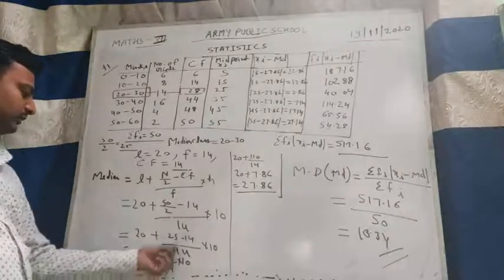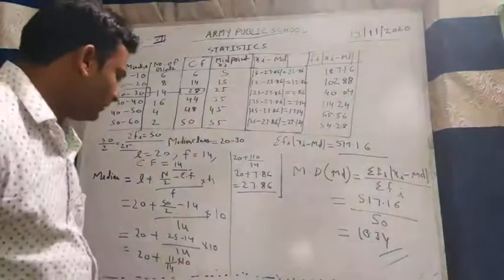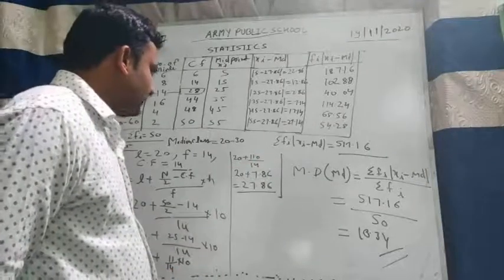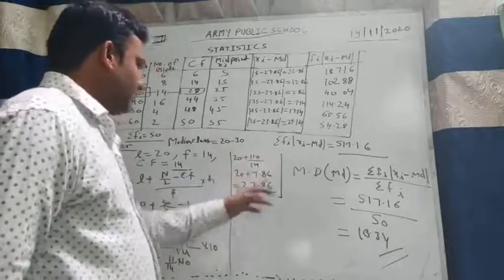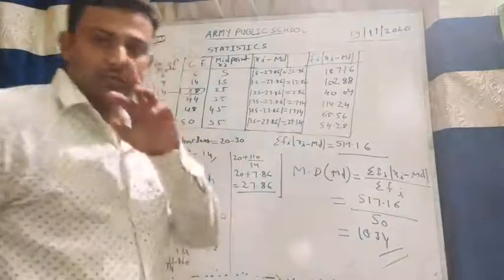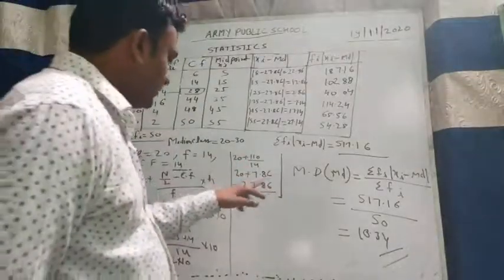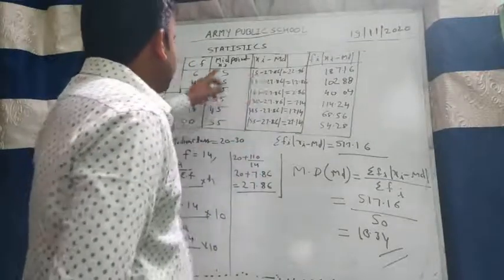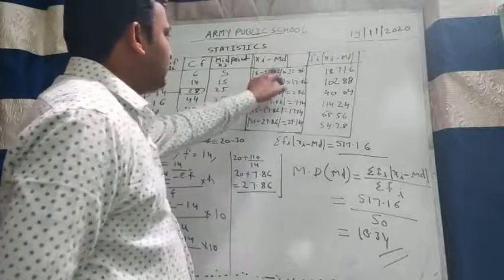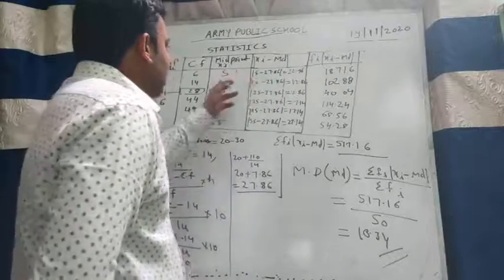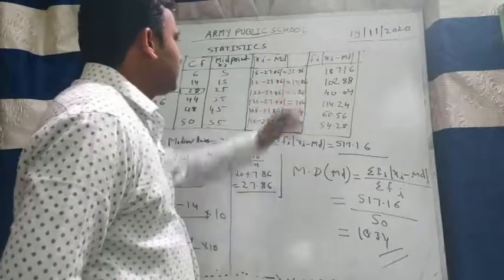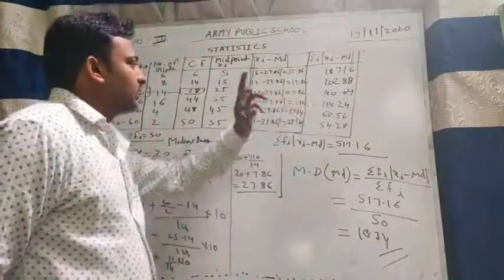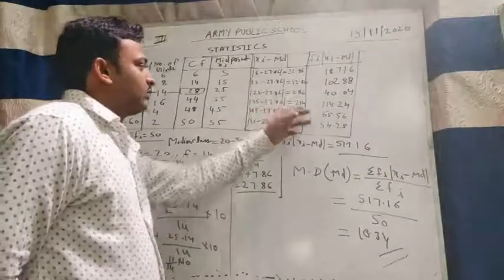So 20 plus this will be what? 11 by 14 into 10. Now we will multiply this and divide this. We get our median 27.86. Now this is our median. Now we will subtract this median from each observation. 5 minus this, we get 22.86. 15 minus 27.86, 12.86. 25 minus 27.86, 2.86. 35 minus 27.86.